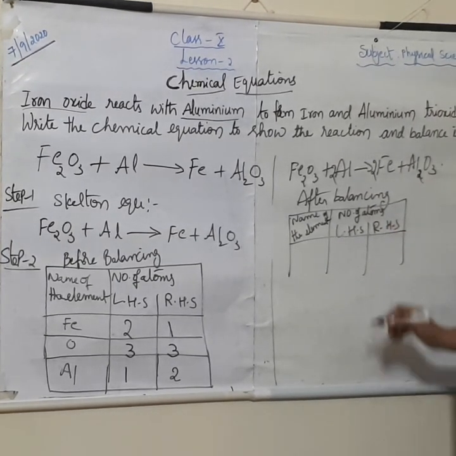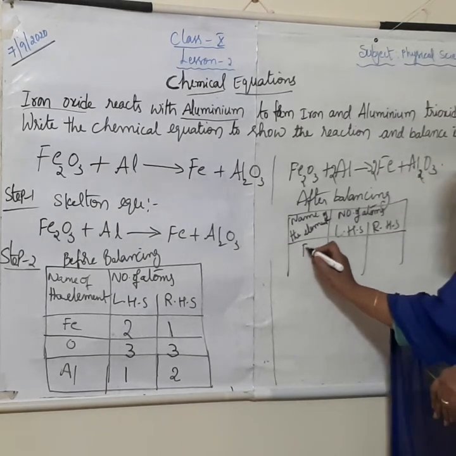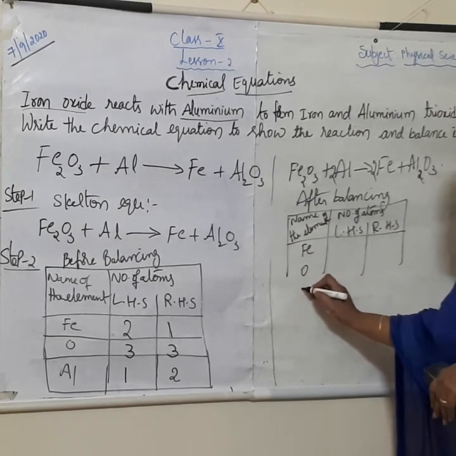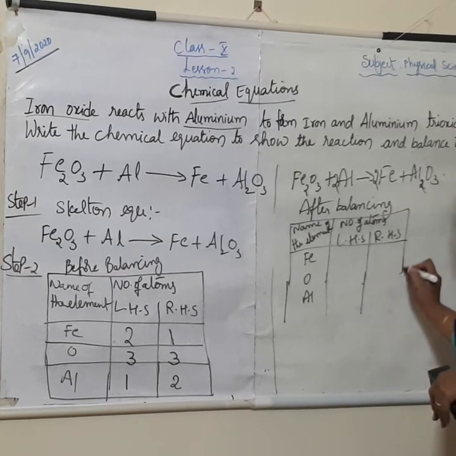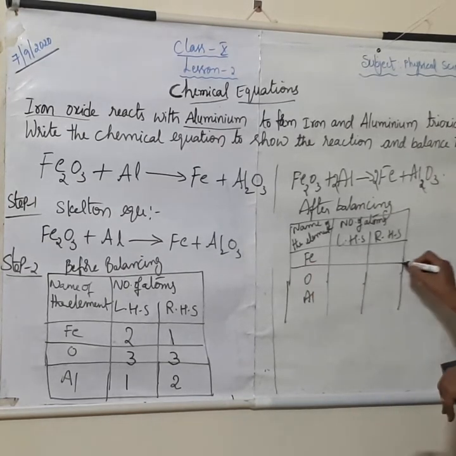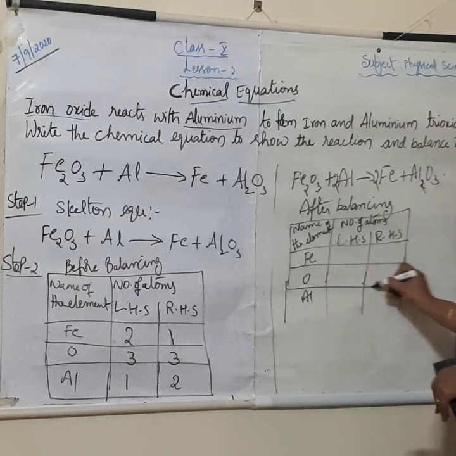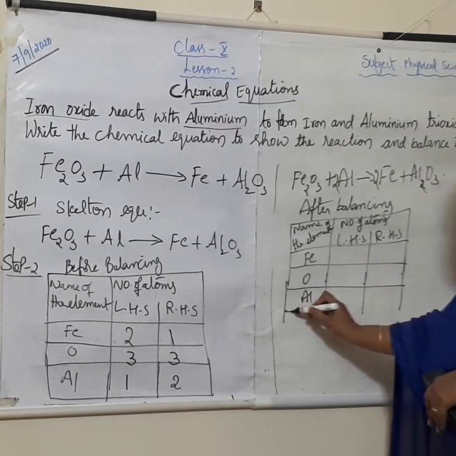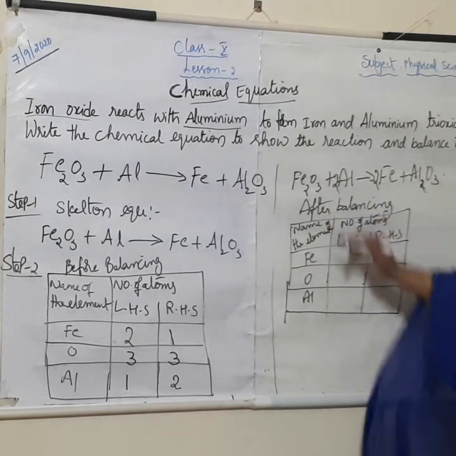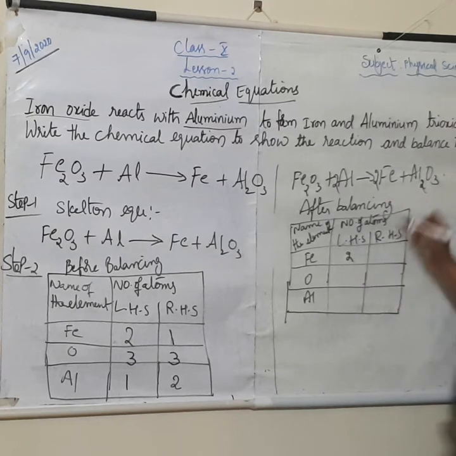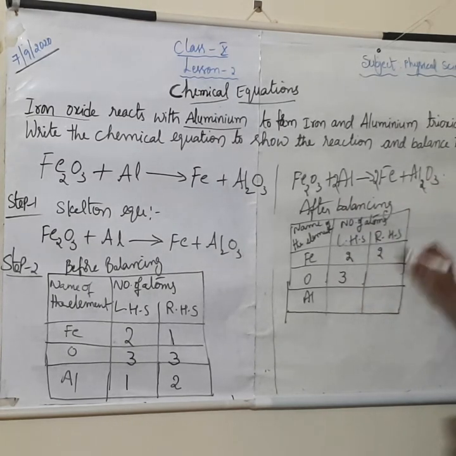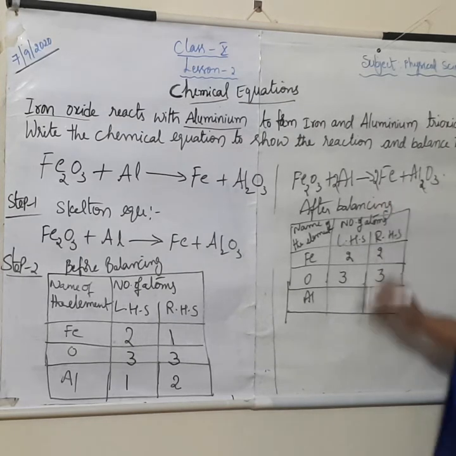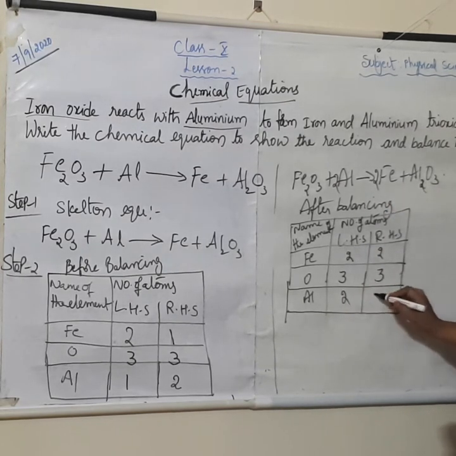Here iron, oxygen and aluminium. Iron 2 on the left hand side, right hand side also 2, oxygen 3 and right hand side also 3, and aluminium 2 on the right hand side also 2.